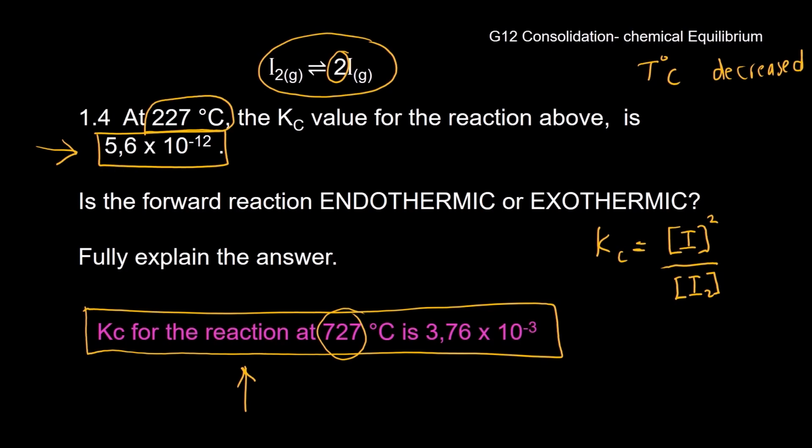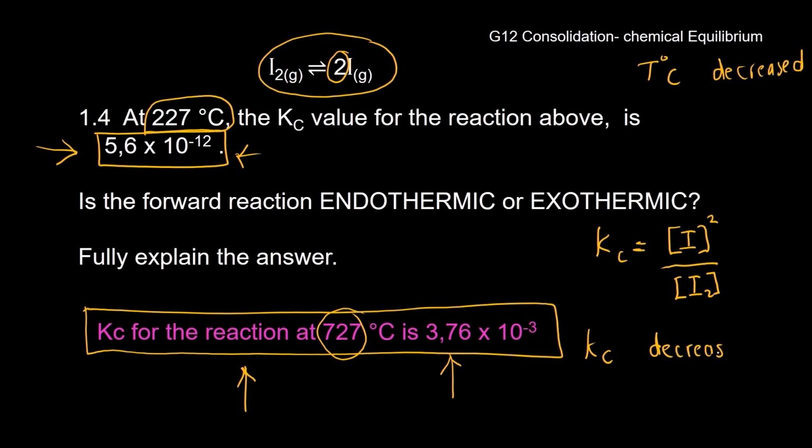What is happening to the Kc value? So the first Kc value is 3,76 times 10 to the minus 3. It has not got a unit because we're talking about a ratio or a comparison. It is decreasing. Have a look at that. The Kc value has dropped to 5,6 times 10 to the minus 12. So the Kc value has also decreased.